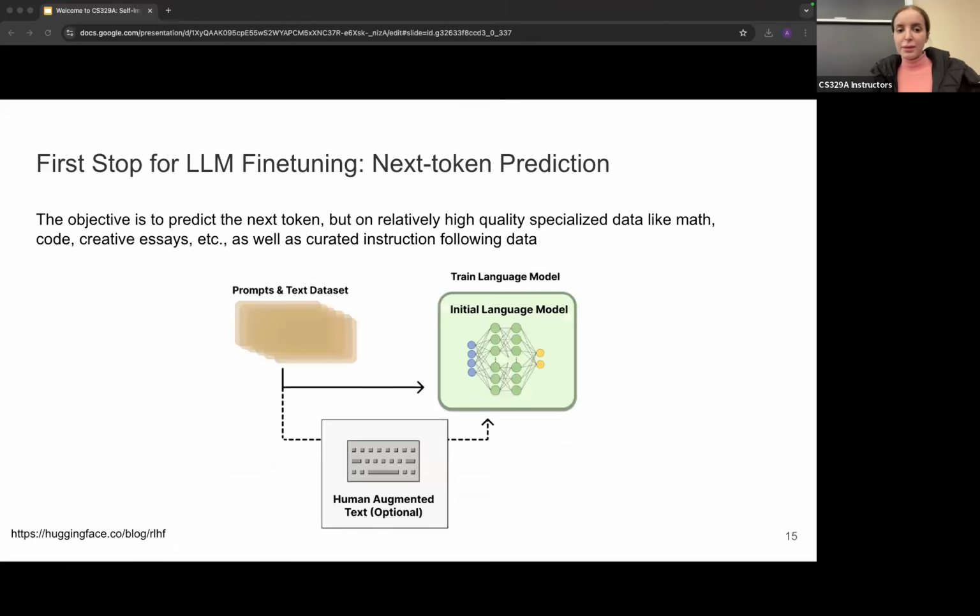Now, how do we go about this fine-tuning process? The first step for fine-tuning is, again, to do the next token prediction for the model. In this step, though, the data set that we have curated for fine-tuning is curated in a much more careful way.